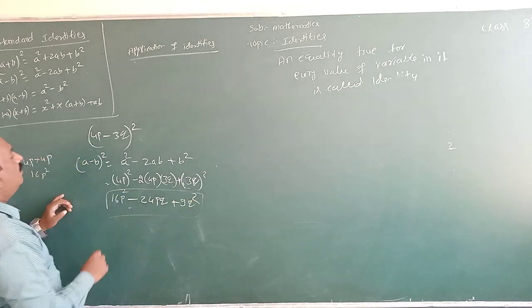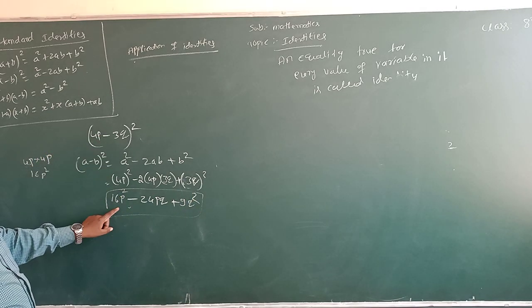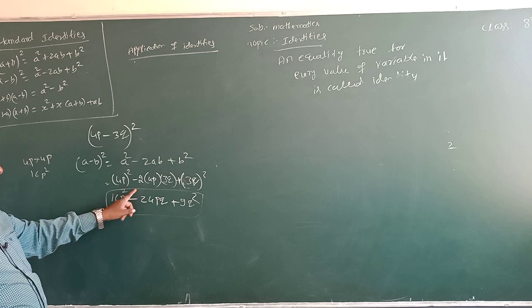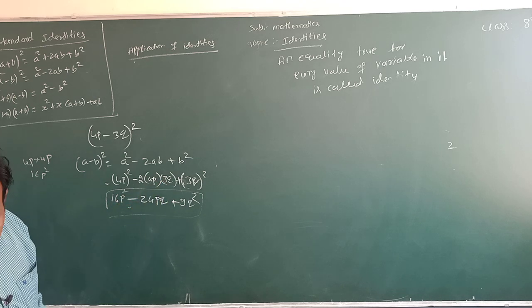The expansion of (4p - 3q) whole square is 16p square minus 24pq plus 9q square.